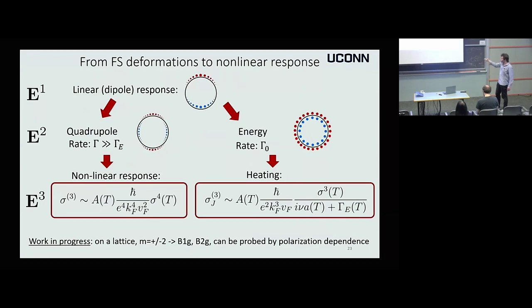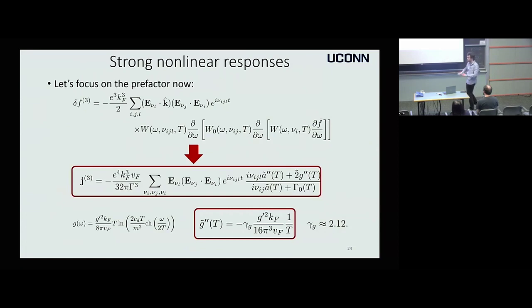But what I want to really focus on is that there is a prefactor here in both of these expressions, and now I'm going to try to estimate that or give you some expression and argue what happens. So if you go to the third order response, you can see the structure of the expression: you're taking these derivatives of the distribution function, but with the scattering rate. And if you do these derivatives and follow through, what happens in the third order current is that you get second derivatives of the scattering rate, which was non-analytic.